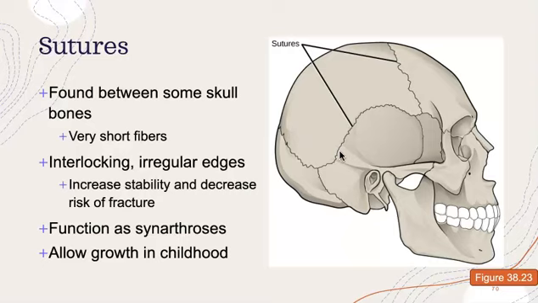And what's good is that it allows us to have growth in childhood. If you remember from our previous sections, we talked about those fontanelles and how we have a more membranous type of tissue in between these bones, but eventually it will turn into this dense connective tissue and form sutures.